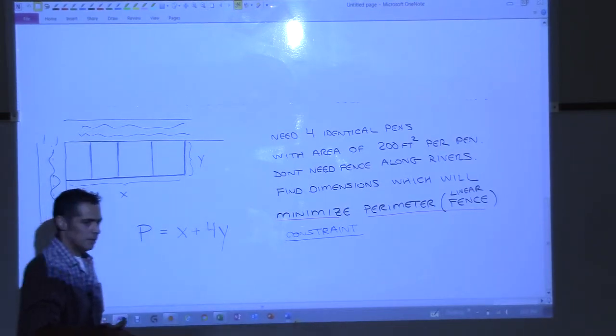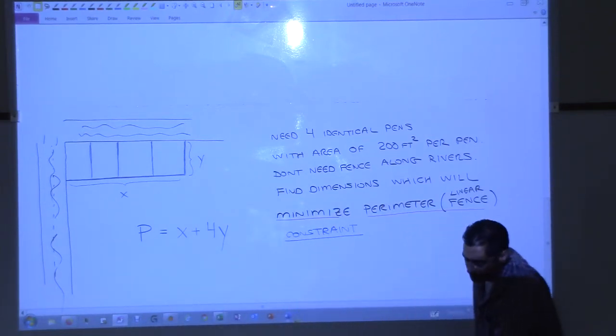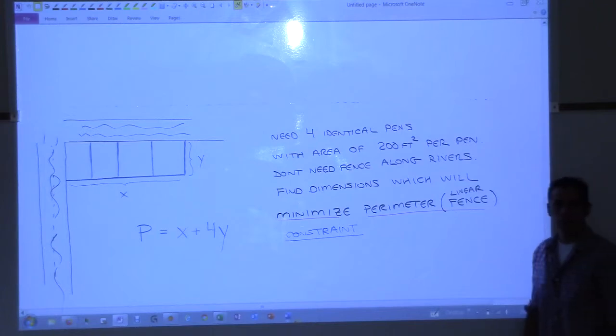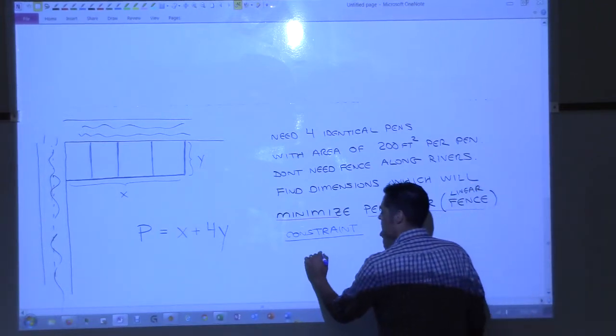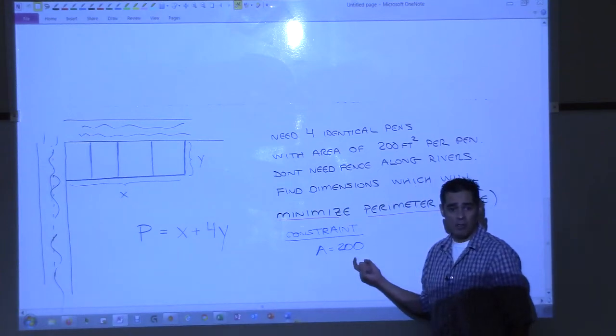Marcus? Can you help me with the constraint? The area of each pen. Okay, good. Okay, I agree. The area of each enclosure has to be 200.